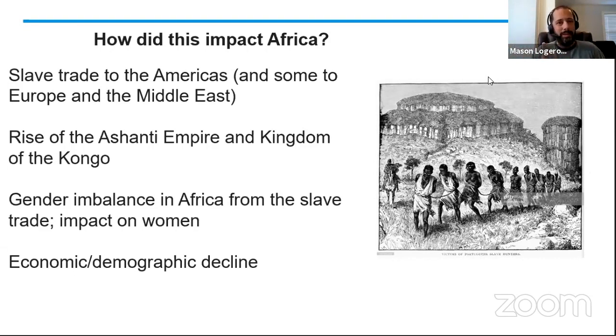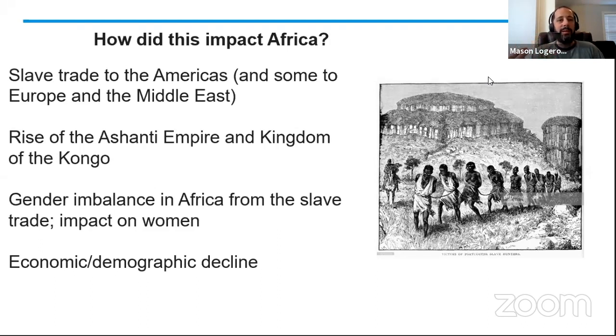But the problem is that the population in other parts of the world is also increasing much faster. The population of Europe is exploding. So relatively speaking, the population of Africa is increasing at a much slower rate than other parts of the world, especially Europe and the Americas. So that's going to have an economic impact if you don't have as many people.